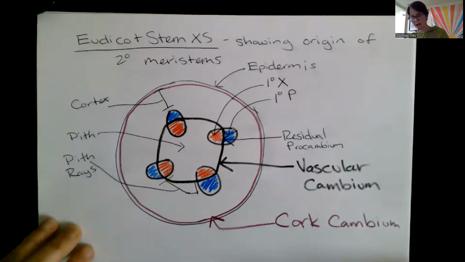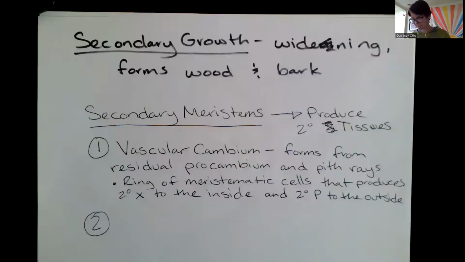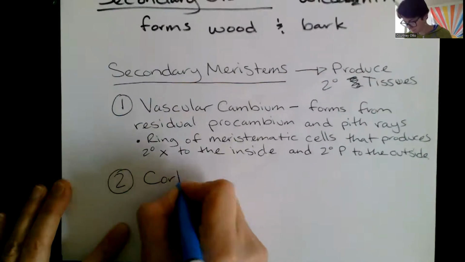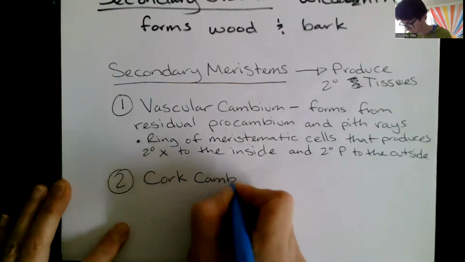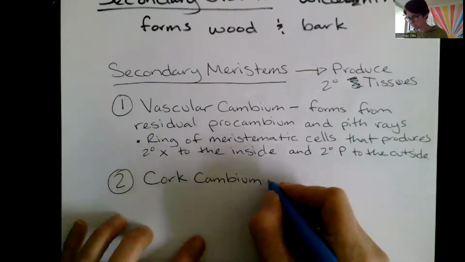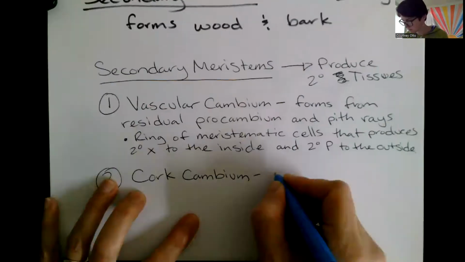All right, well, let me add the cork cambium to our list of secondary meristems here. So our secondary meristem is going to be the cork cambium. And as we've just seen, right, it initially forms from the outermost layer of cortex.